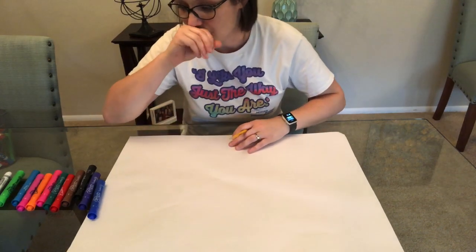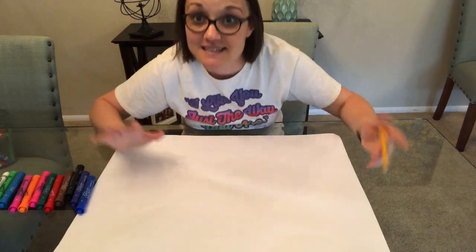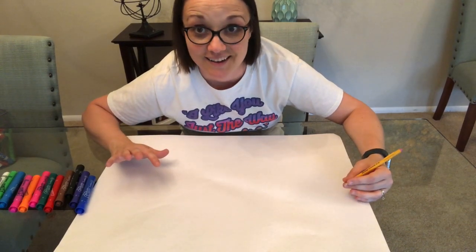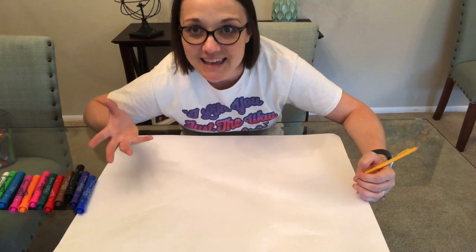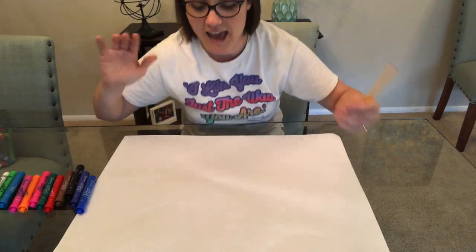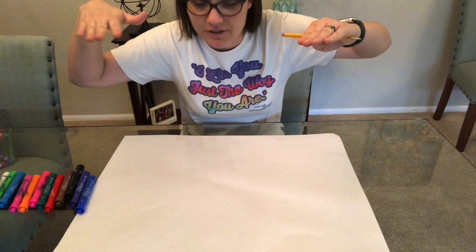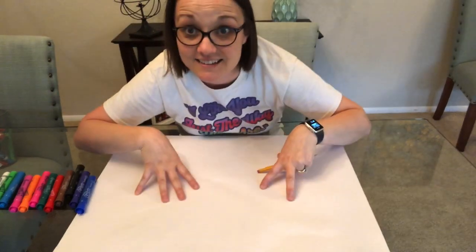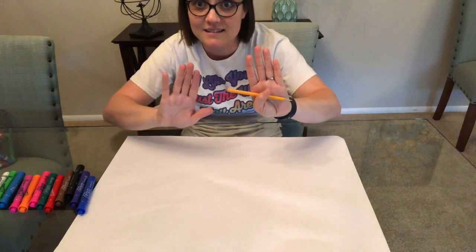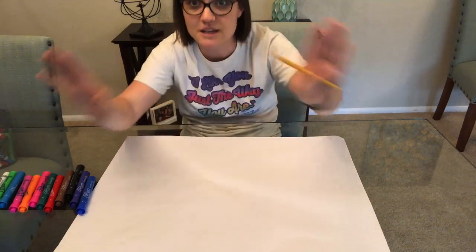So the first thing to know about a map is it comes from something called a bird's eye view. All right, so what that means is you have to think about how a bird would look at something. When a bird would look at something, it's flying over, right? And it looks straight down. So the view isn't from the side, like how we would see something or how we would take a picture of something.